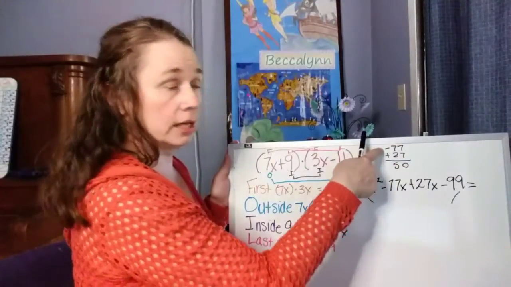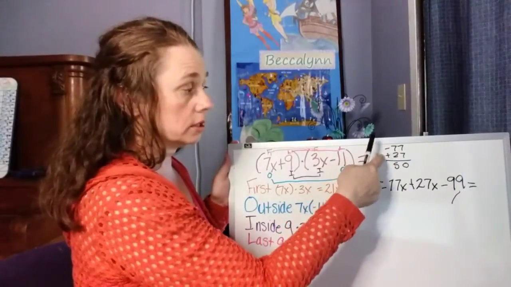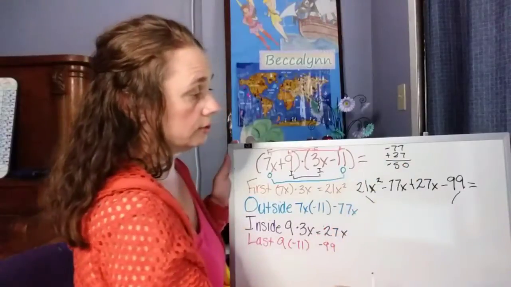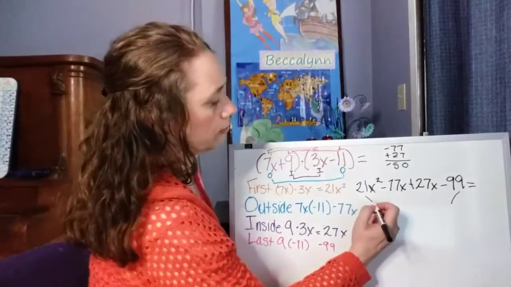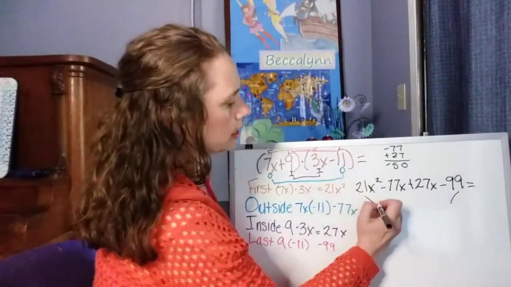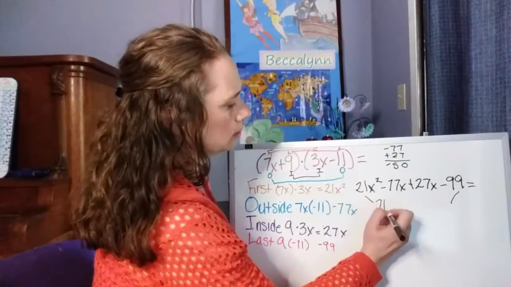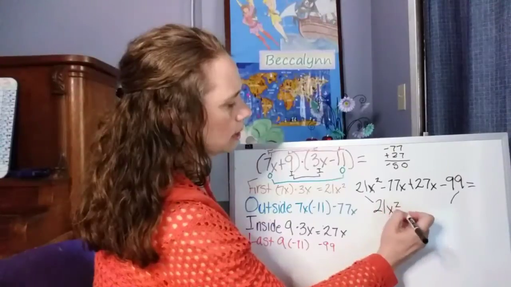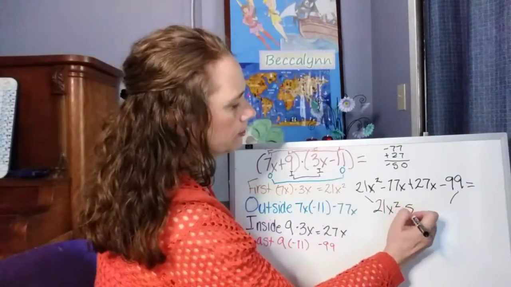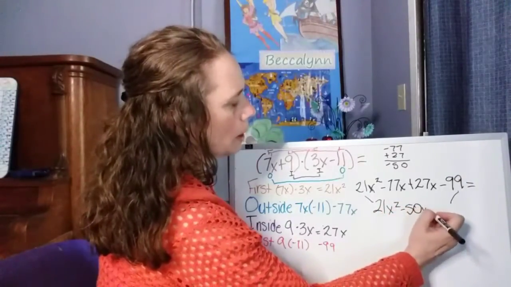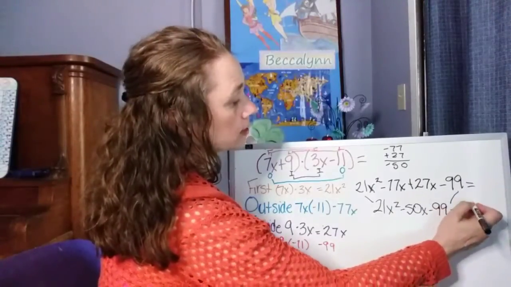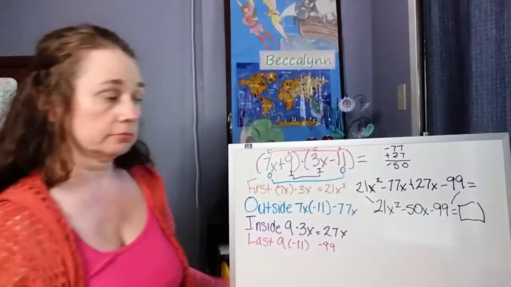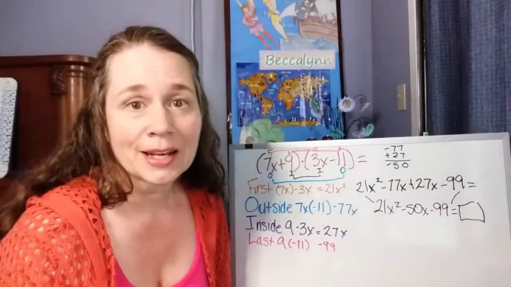Now, because the negative 77 is bigger than the 27, we're going to make it a negative 50. So now our final solution is going to be 21x squared minus 50x minus 99. And that's going to equal something when we find out what x means.